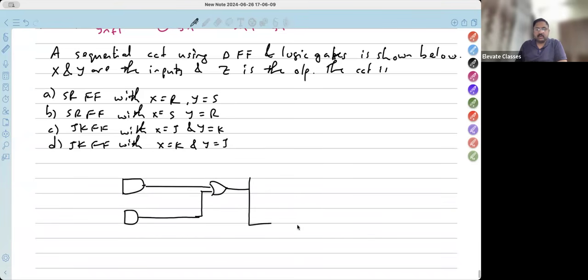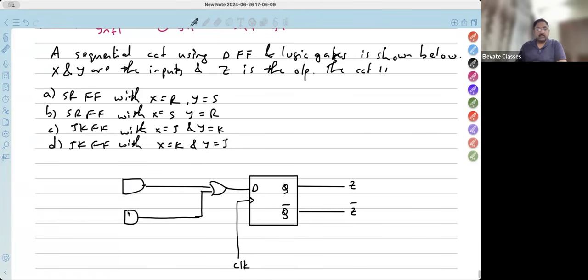The OR gate is given to a D flip-flop. This is the output, called Z. This is called Z bar. This has a clock pulse coming in.